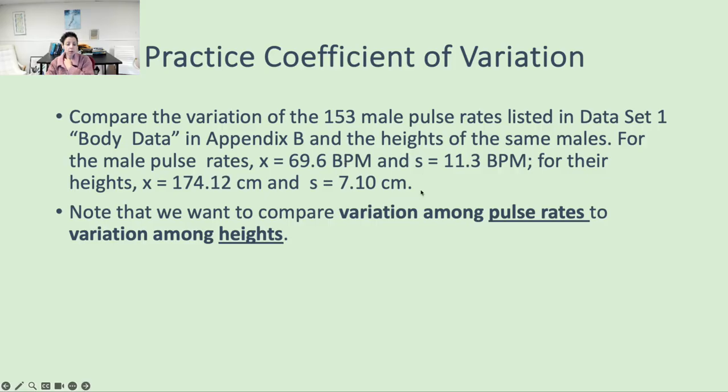And then we have height. The average height was 174.12 centimeters, and the standard deviation of height was 7.1 centimeters. So let's compare the variation between pulse rates and heights of this group of males.